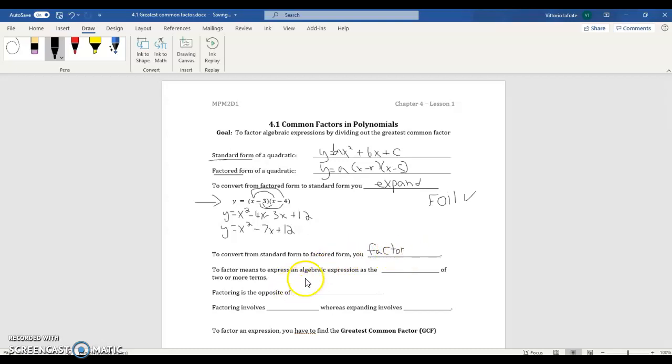So to factor, that means you're expressing an algebraic expression as the product of two or more terms. Factoring is basically the opposite of expanding.